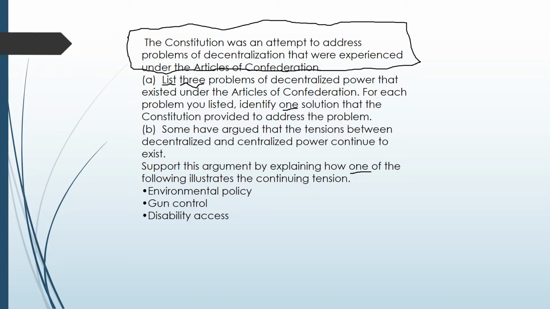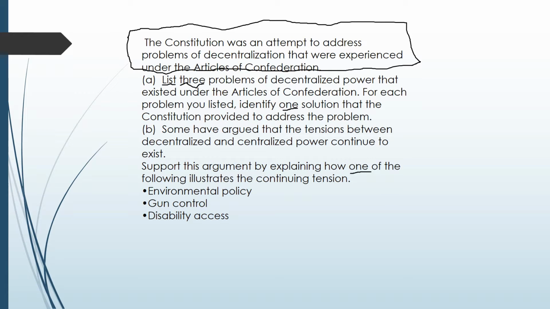If you want to look at environmental policy, you could look at the state of West Virginia. There was a time when the national EPA was in conflict with the state EPA, and oftentimes the state would give mining companies the go-ahead to have a mining permit. The feds would come in and say, no, you have to follow our rules. And in many cases, those rules were in conflict.